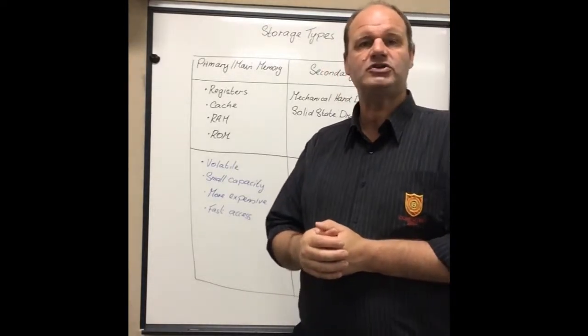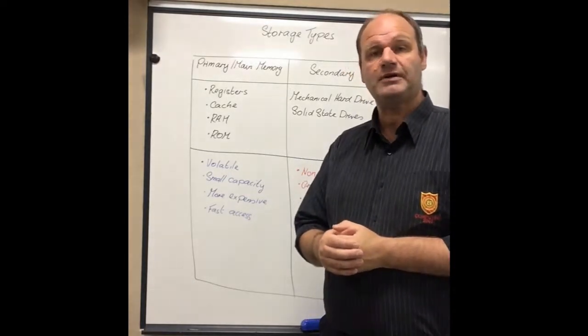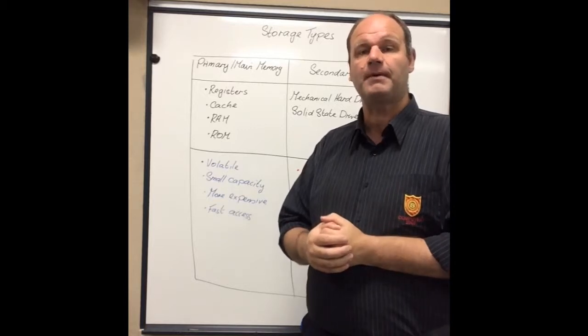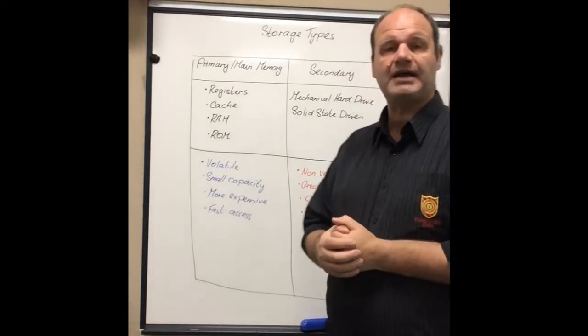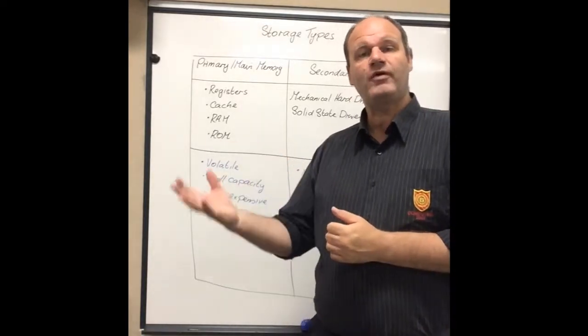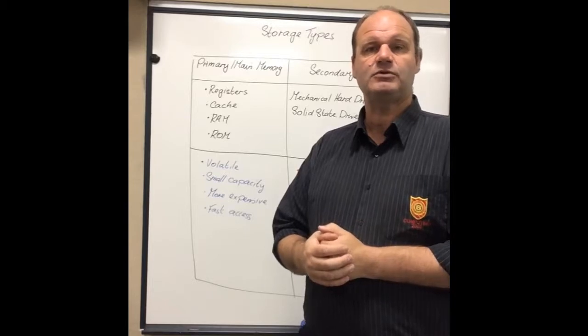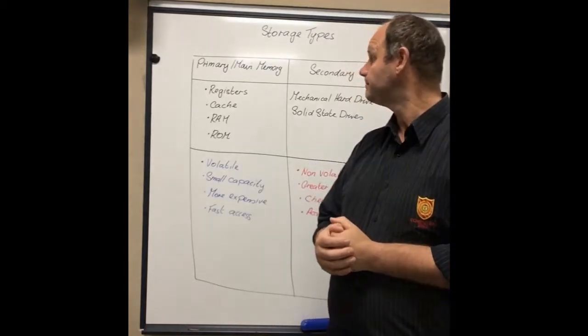Level 1 cache is found within the CPU and will hold anywhere between 8 kilobytes to 64 kilobytes of memory. Level 2 cache can be found either in or very close to the CPU, and its capacity ranges from 64 kilobytes to 4 megabytes.